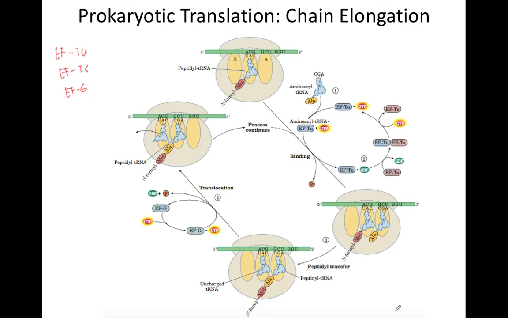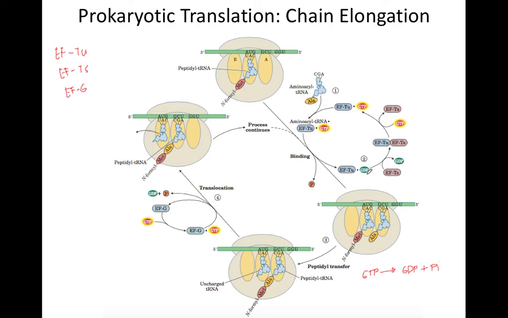So meaning GTP is consumed, as in GTP becomes GDP plus Pi. There. So it's consumed in the process. So now your EF-Tu has GDP associated to it. Now GDP is not an energy source for elongation.